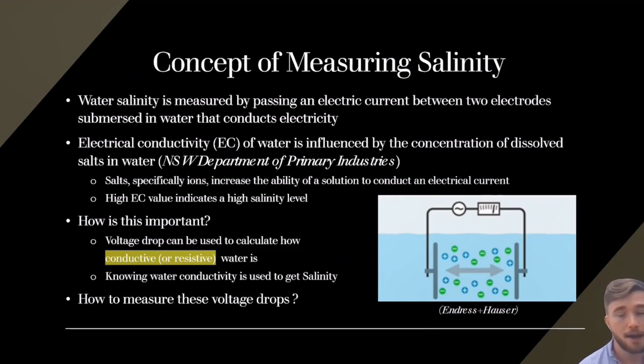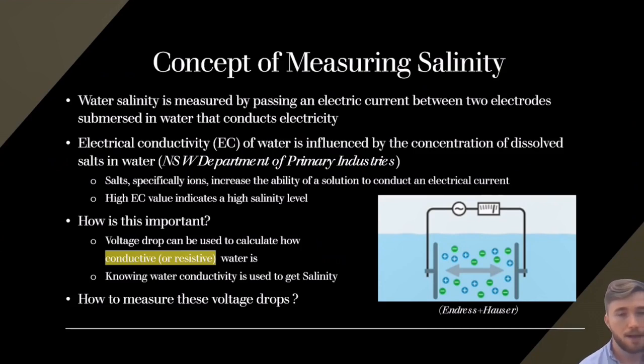And a higher electrical conductivity value would indicate a higher ability to conduct electrical current, which means that you have a higher salinity level, because salinity, again, is measured based on the amount of dissolved salts. So how is electrical conductivity important in measuring salinity?